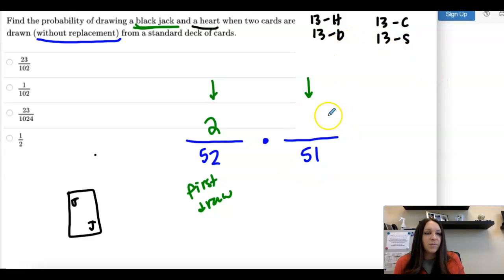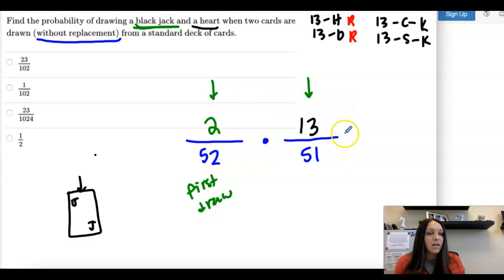So of these that I'm left with, there's 13 cards out of the 51 that could be a heart. The hearts are red, the diamonds are red, but the clubs and the spades are black. And I already took out a black card, so there's still 13 left.